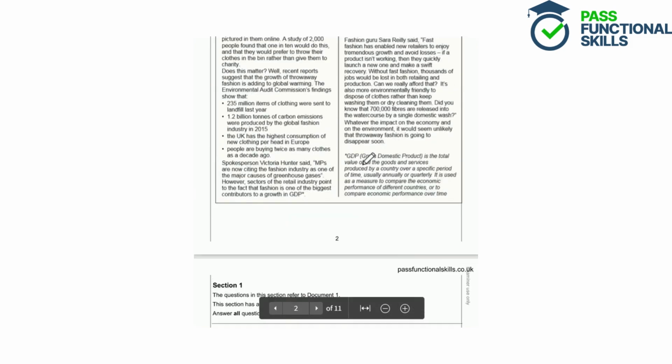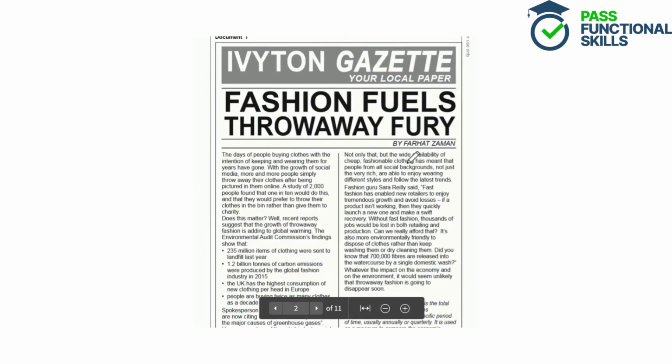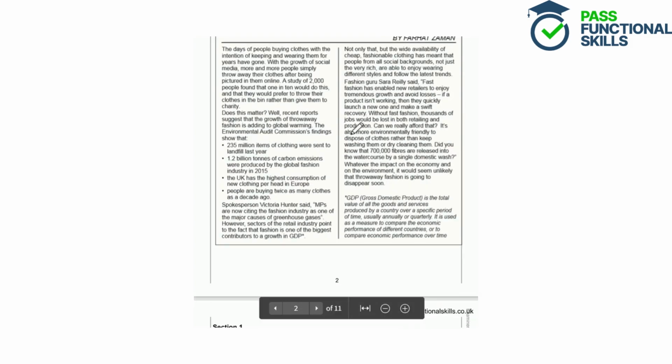So let's go and have a read of the source and see if we can see why it is a balanced article. We can see that the article has different experts weighing in on the issue. We've got a spokesperson, Victoria Hunter, talking about how the fashion industry is one of the major causes of greenhouse gases, so links to negative impacts on global warming there.